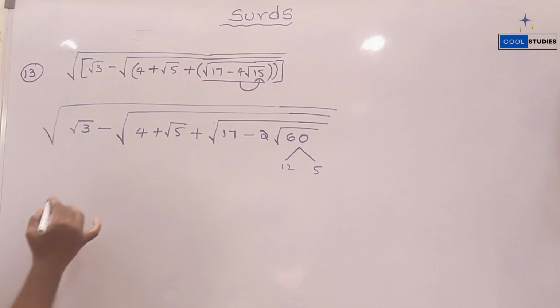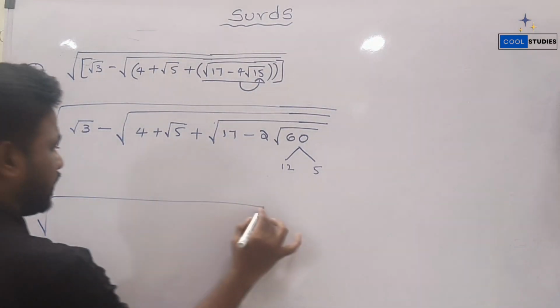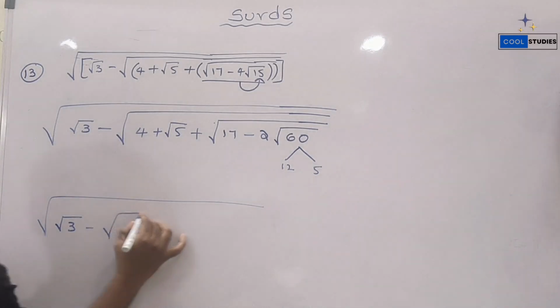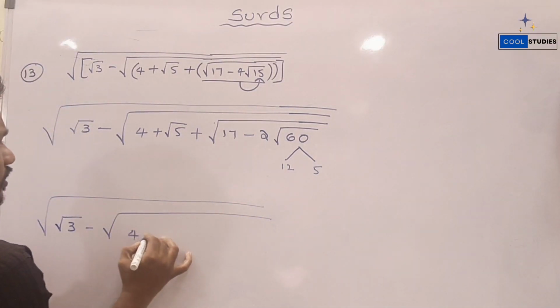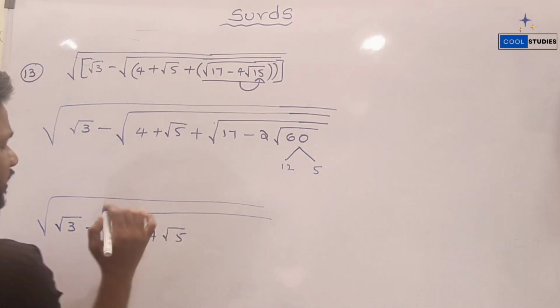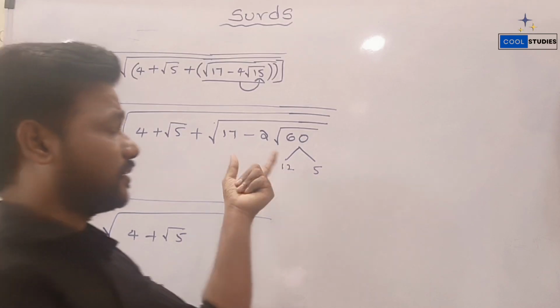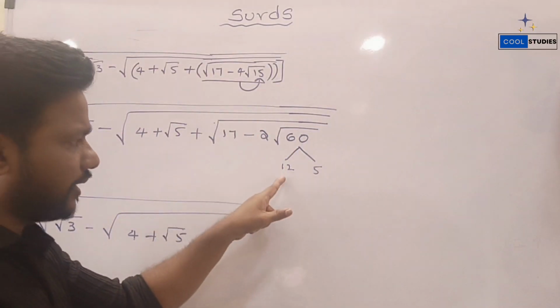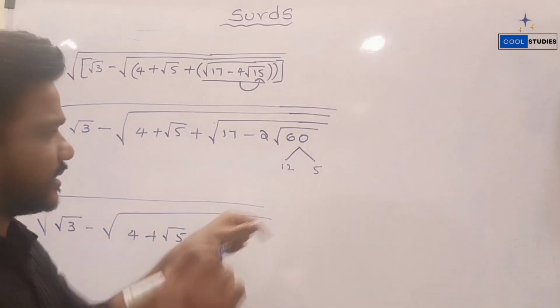So what can you write as the answer? Root over root 3 minus again the root over 4 plus root 5. Now what is the answer here? Root 12, symbol is minus. Root 12 minus root 5 is the answer, right?